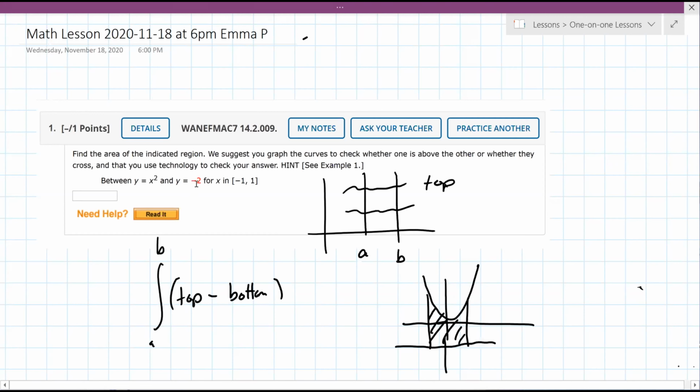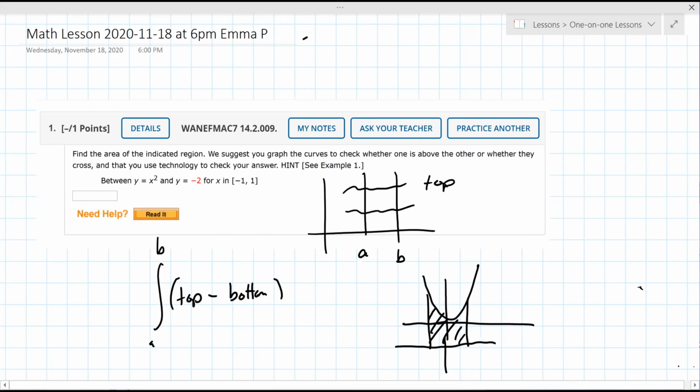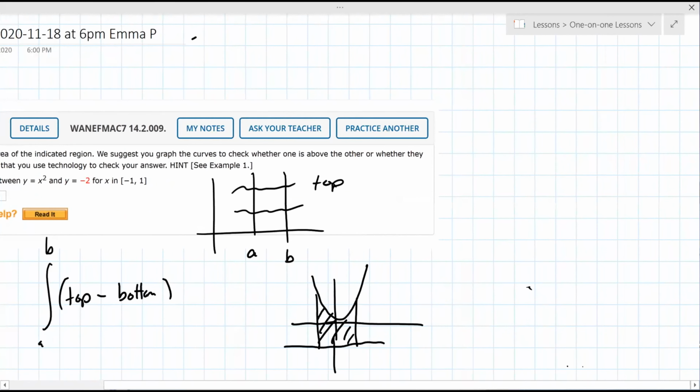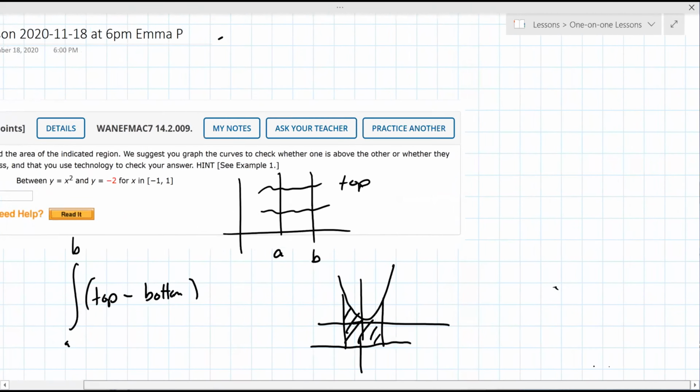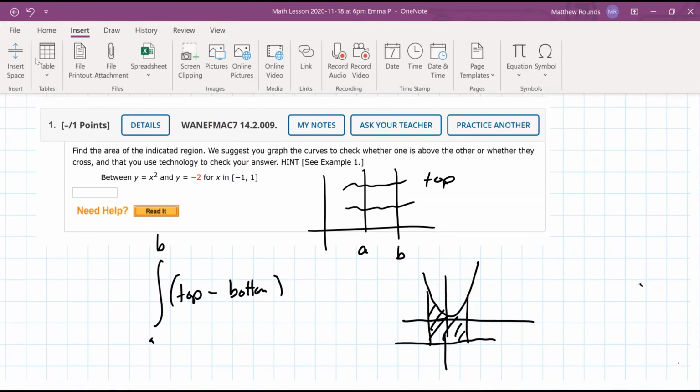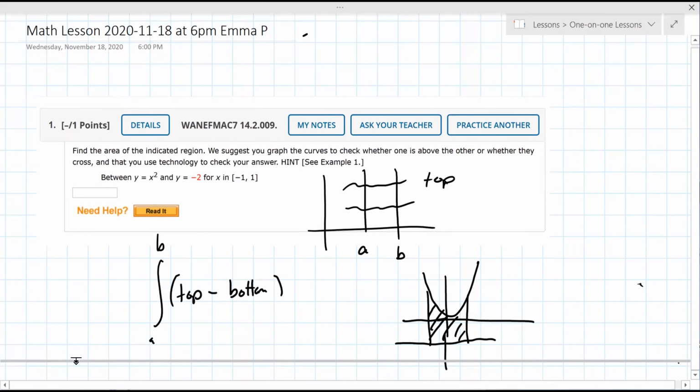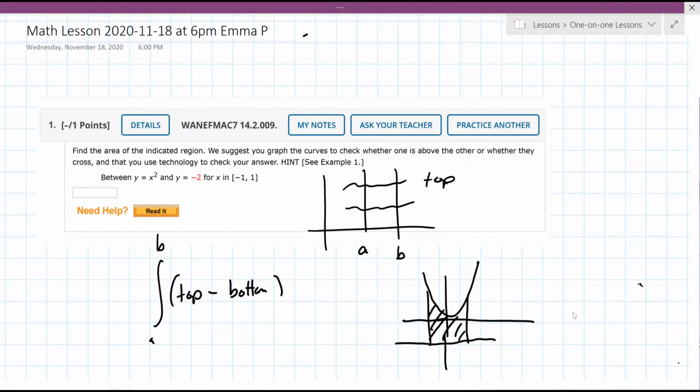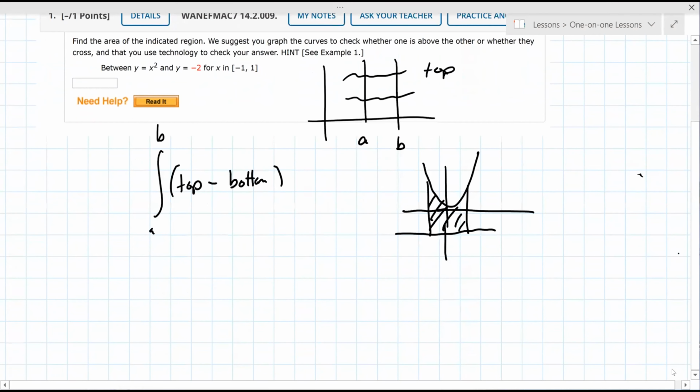So when you know what's on the top, you can essentially integrate. For this one, we're going to integrate from -1 to 1 x squared minus a -2 dx.